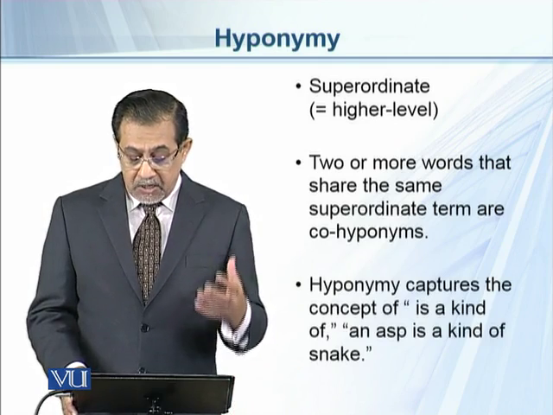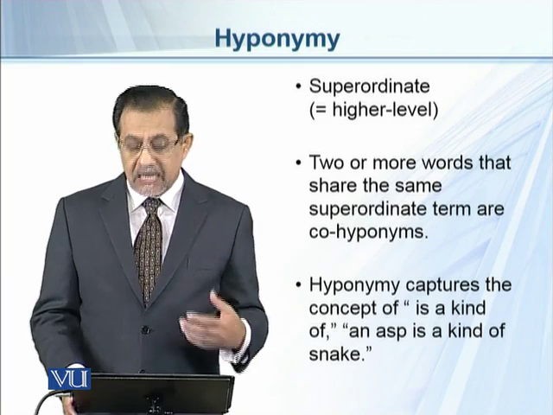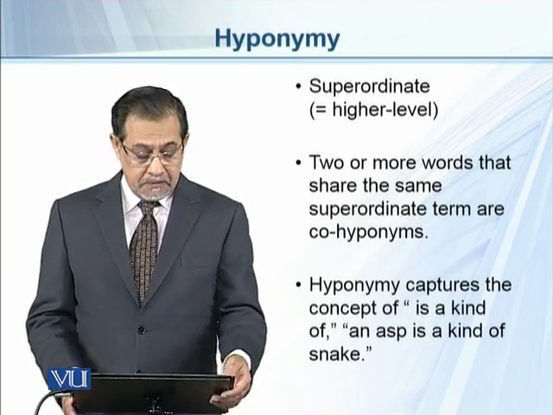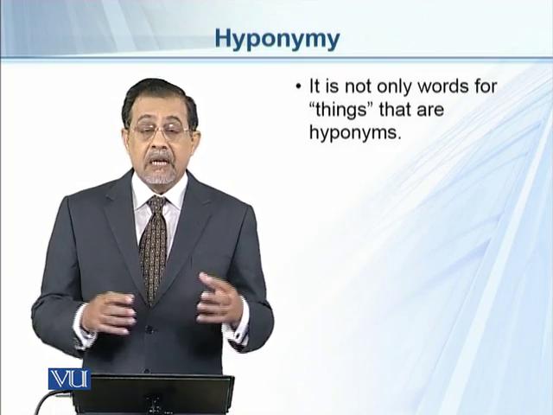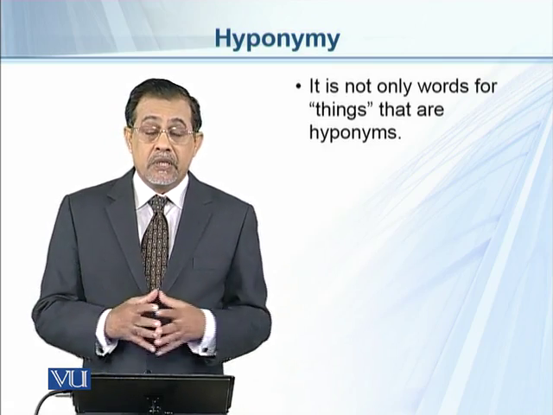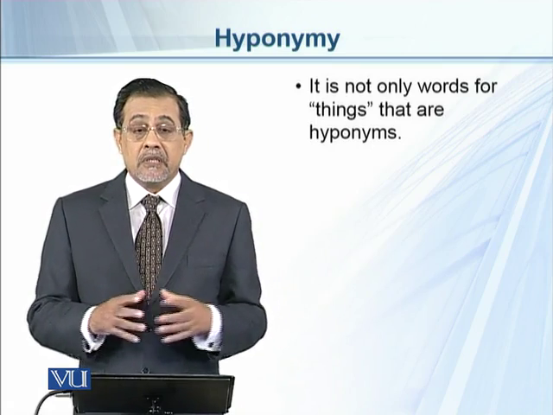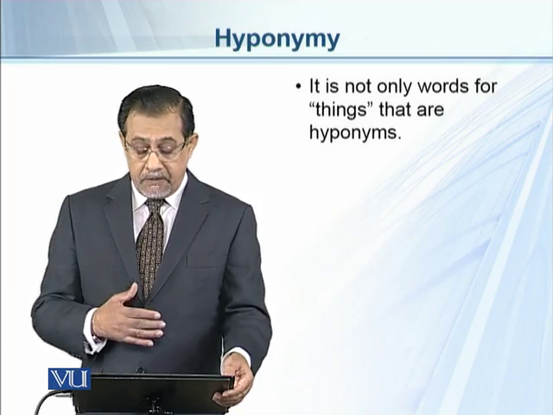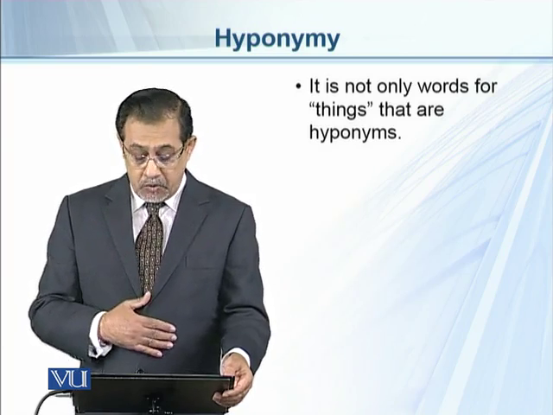Eponymy captures the concept of "is a kind of": an asp is a kind of snake, a rose is a kind of flower. It is not only words for things that are eponyms. We can also see them in other words which do not refer to things.